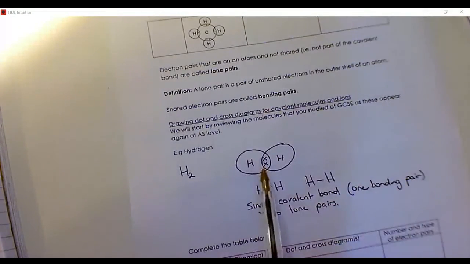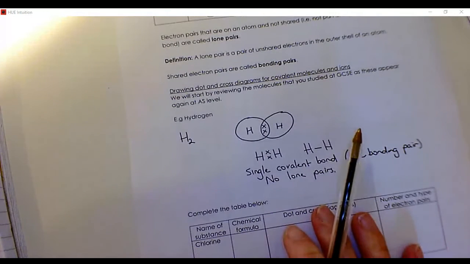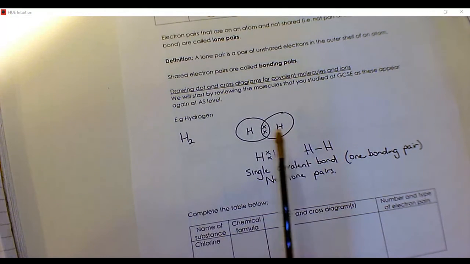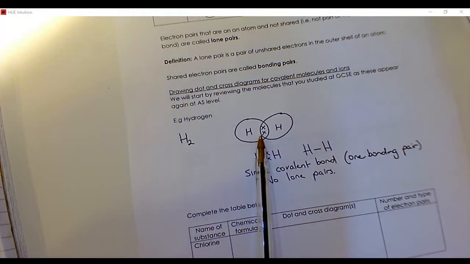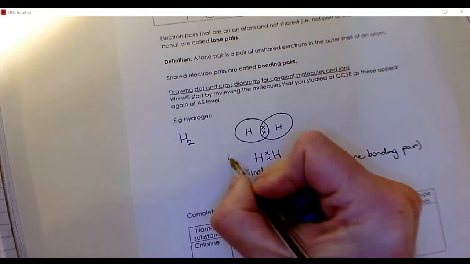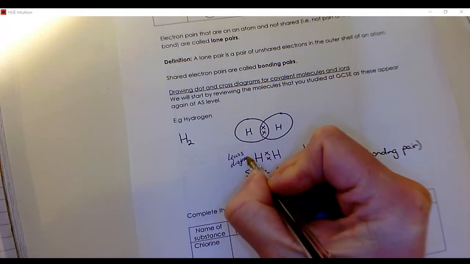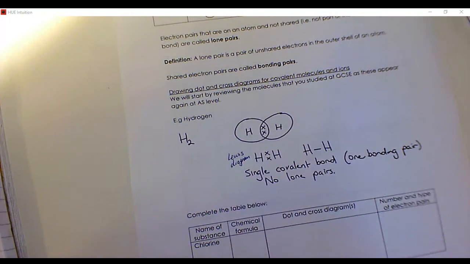I've got a worked example here from way back. So your chemical formula is that, and your dot and cross diagram is this. I call it a dot and cross diagram, and I call these Lewis diagrams. They're just a shortened version.